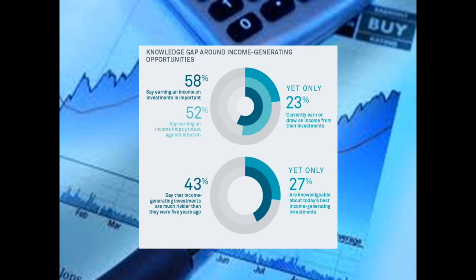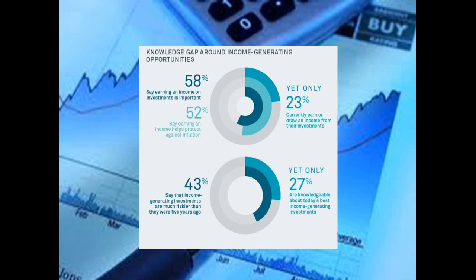I found this one particularly interesting, especially since we all come from the insurance sector of the world. There's a significant, what the report calls, knowledge gap around income-generating opportunities. Interesting numbers here. 58% of the investor survey said that earning an income on their investments is important.